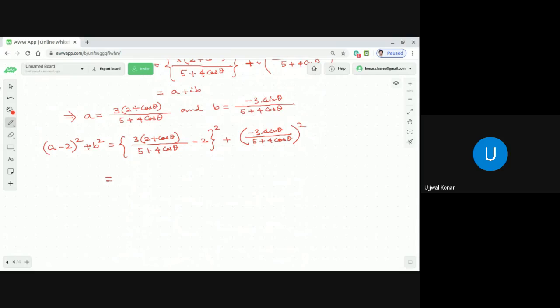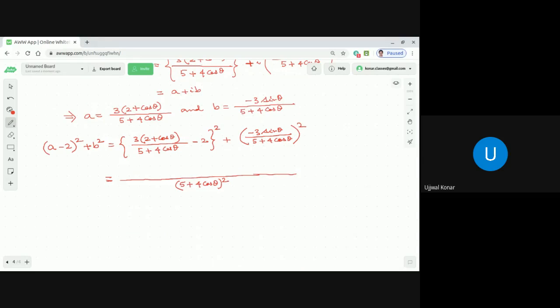So if we look into it, what we are going to get then? We need to simplify. So let's keep the denominator the same. The denominator becomes (5 plus 4 cos theta) whole square.